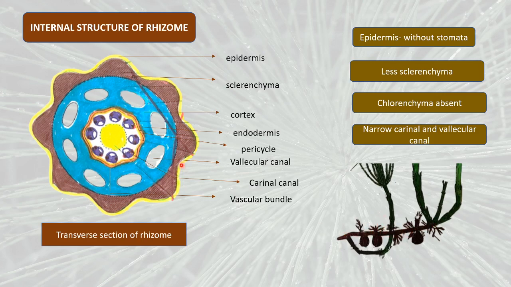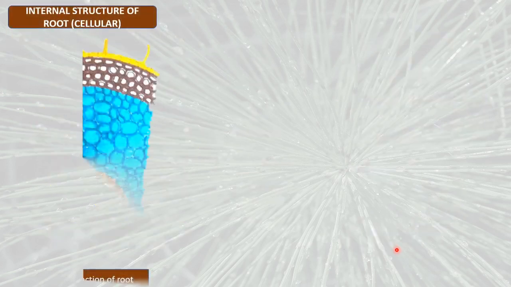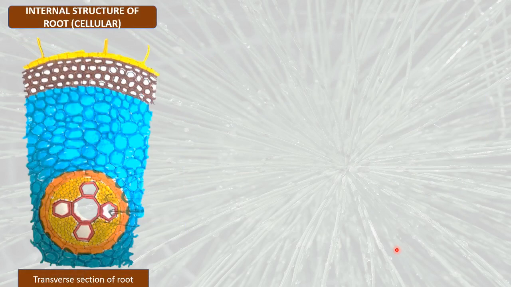So this internal structure is about this rhizome, and we already saw the internal structure of this aerial shoot, right? And now we are going to understand about the internal structure of this root, right? So we move towards the understanding of internal structure of root.